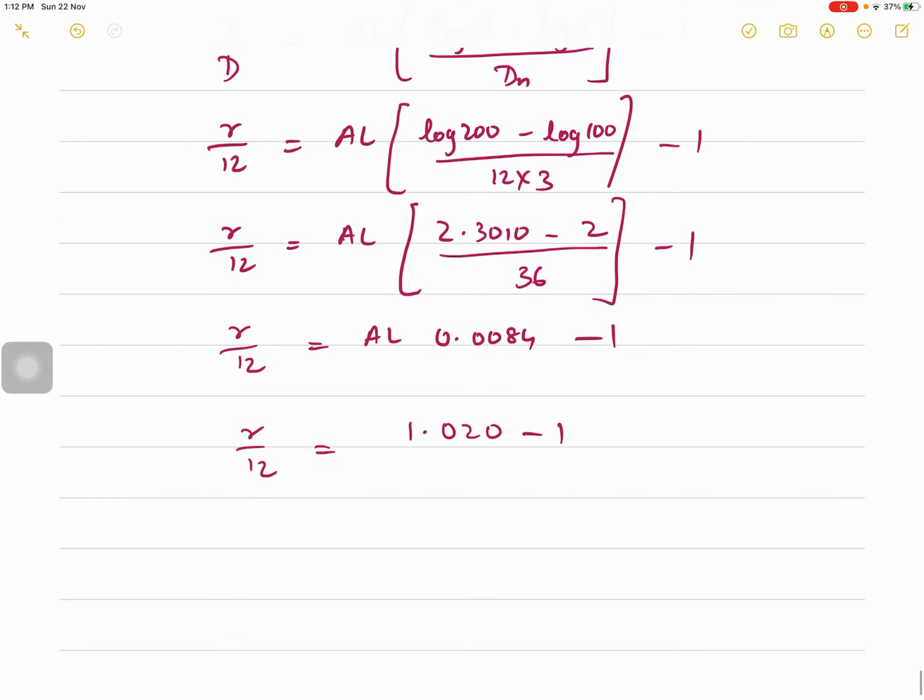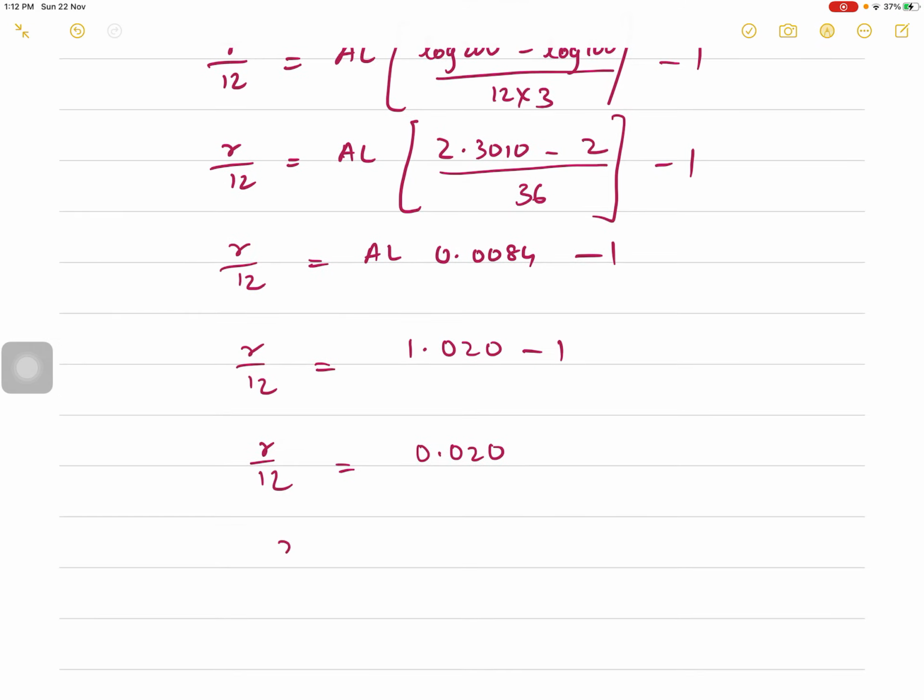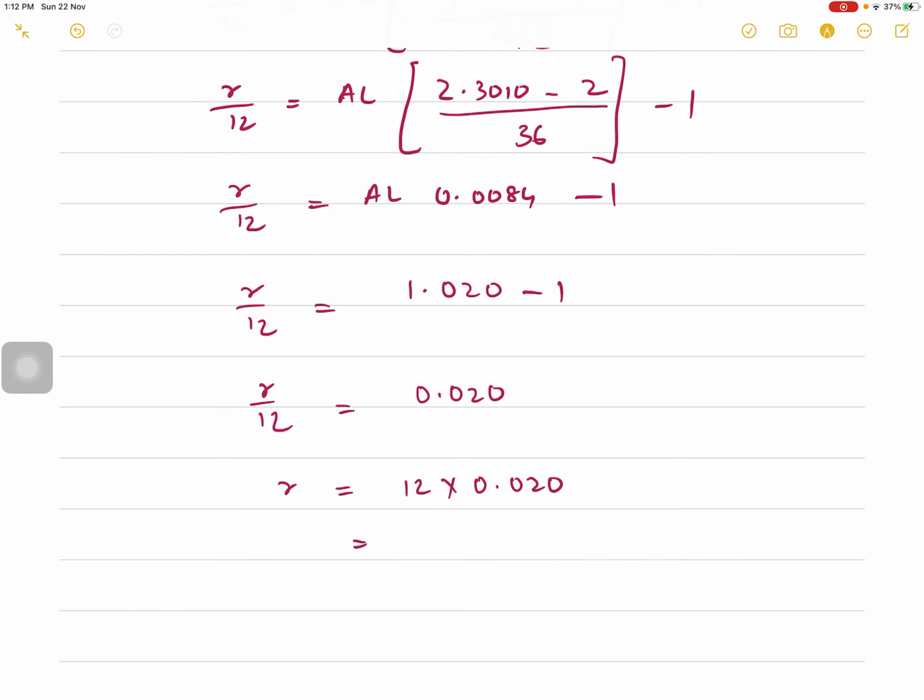So minus 1. So R by 12 is equal to 0.020, okay. R is equal to 12 into 0.020. So R is equal to 0.24 or 24%. We have found out R.